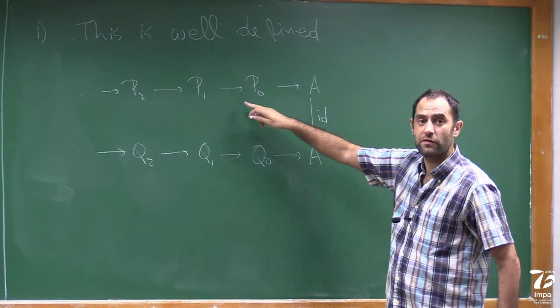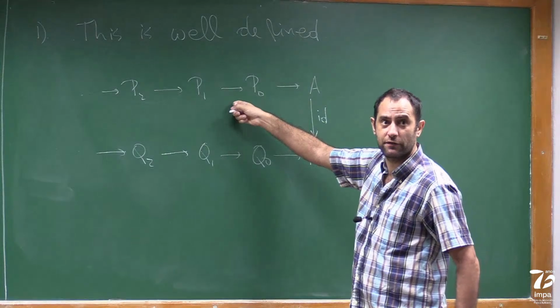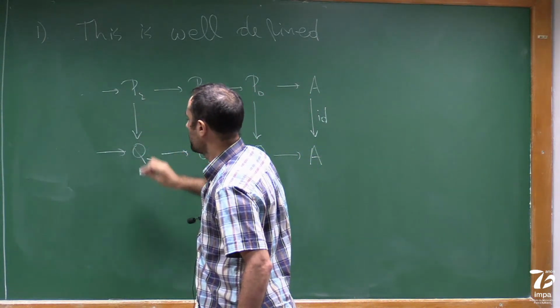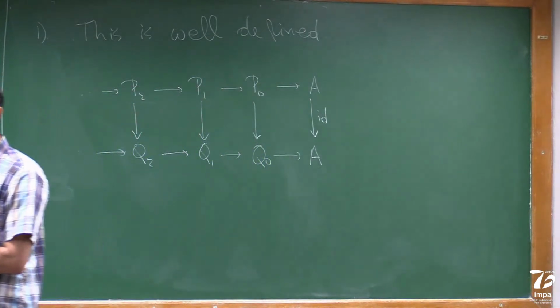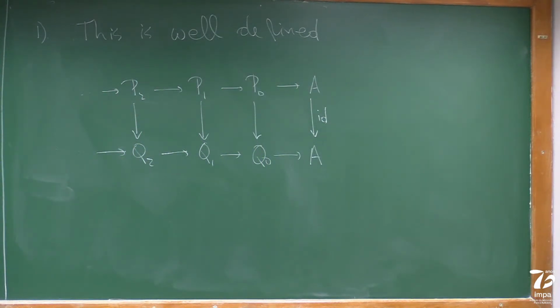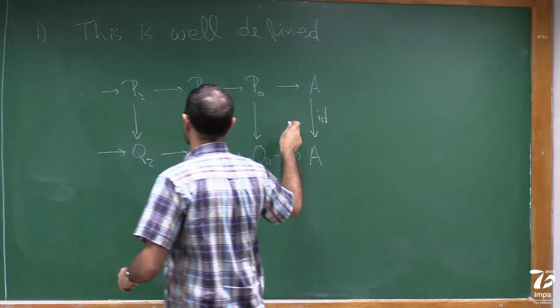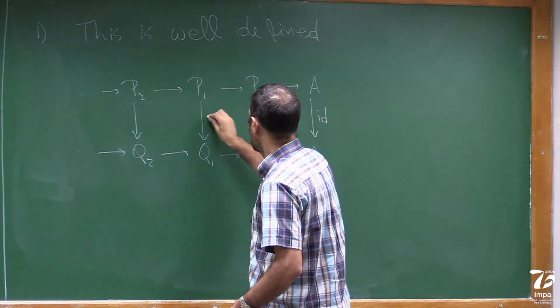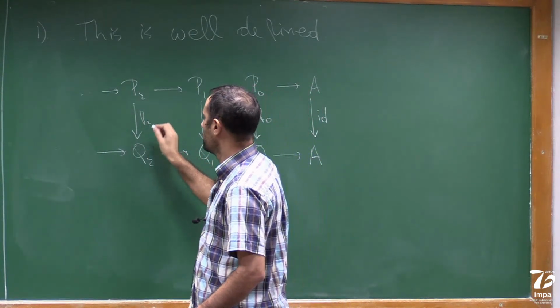And the comparison theorem tells me, since this is a projective resolution, that I can extend this. I can extend this uniquely modulo a chain homotopy between these two. So F0, F1, F2, etc.